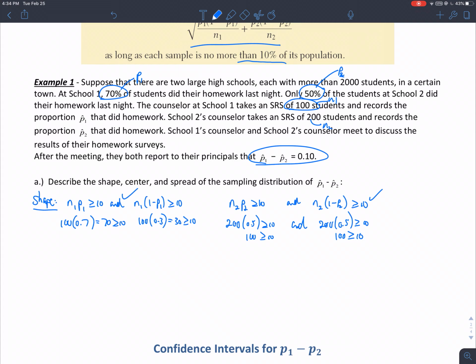And so we can say that the sampling distribution of p hat 1 minus p hat 2 will also be normal.